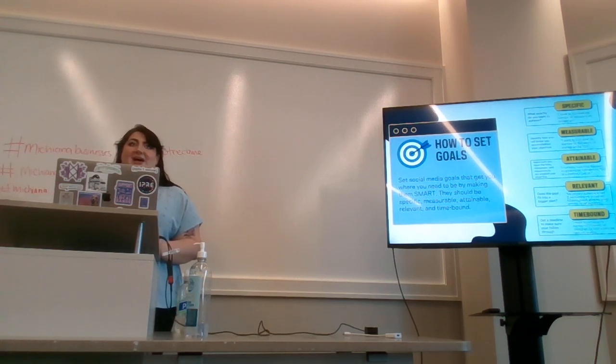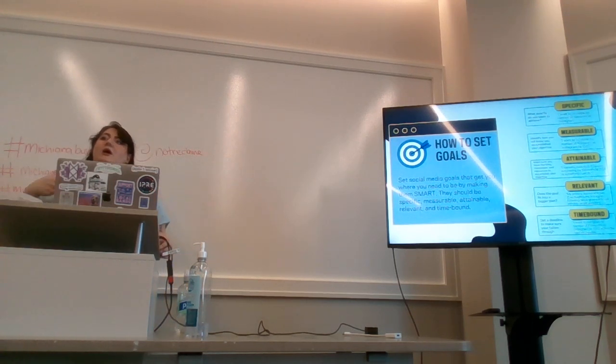We need to set a deadline to make sure that we follow through on our goal. So I want to increase my number of followers on Instagram by 500 within the next 6 months. This also pushes it back to attainable. I'm not going to be able to get 500 followers on my own, without paying or running ads, within a month.